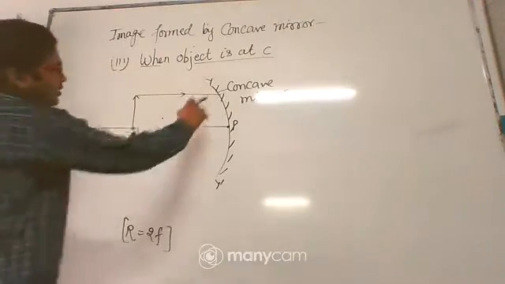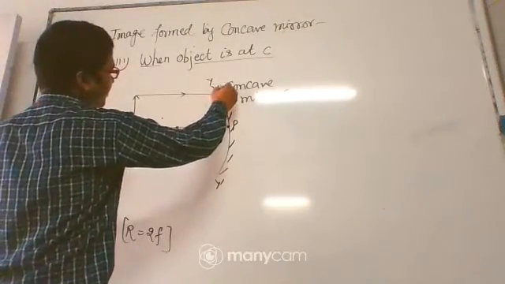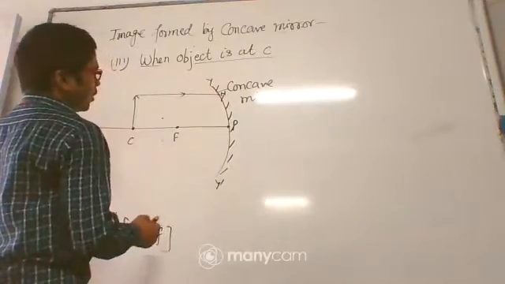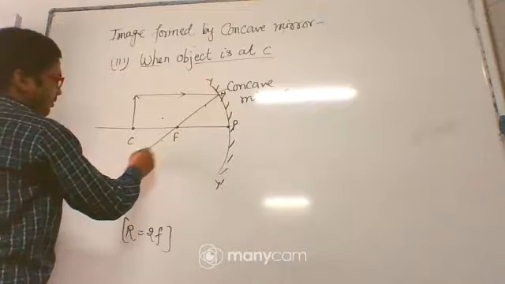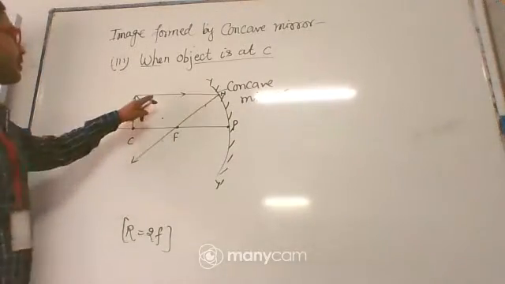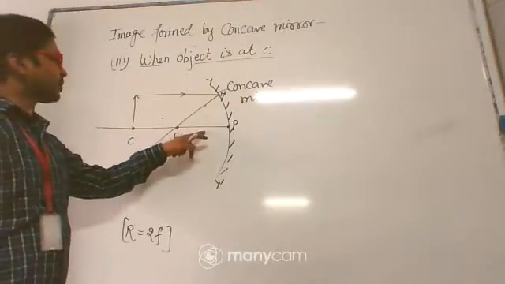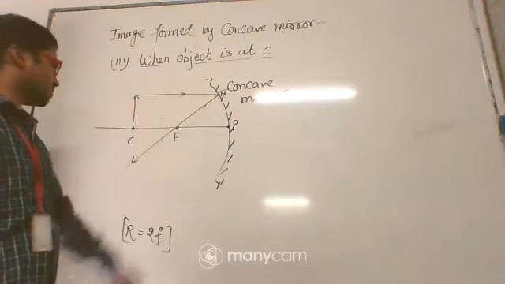and it must reflect. It will reflect from N. Now, after reflection, it will pass through the focus. According to the rule, any ray which is parallel to the principal axis must pass through the focus.